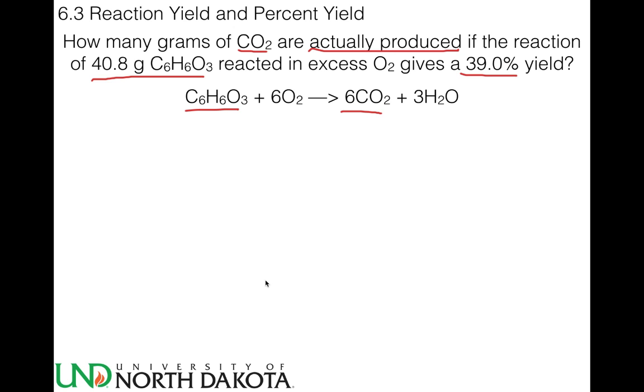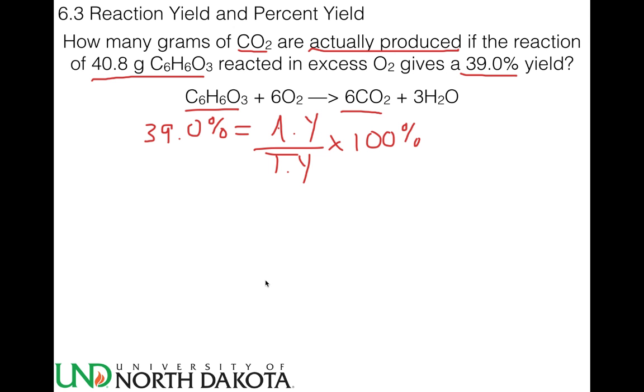So what we need to do here is set up the equation like this. Given the percent yield of 39.0%, this equals our actual yield over our theoretical yield times 100%.